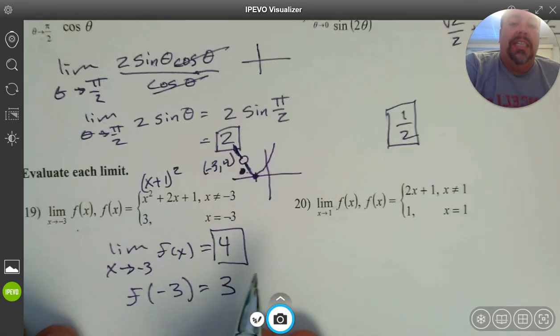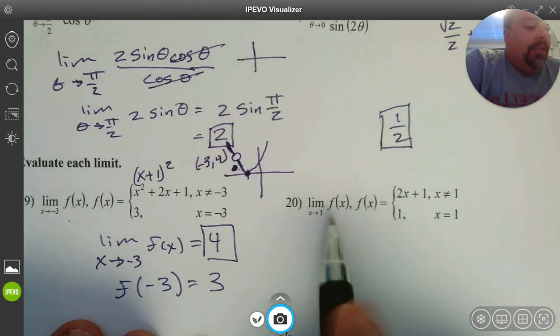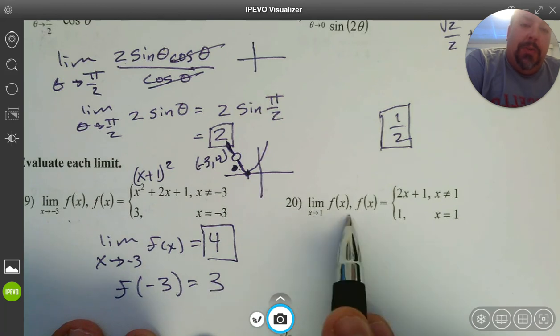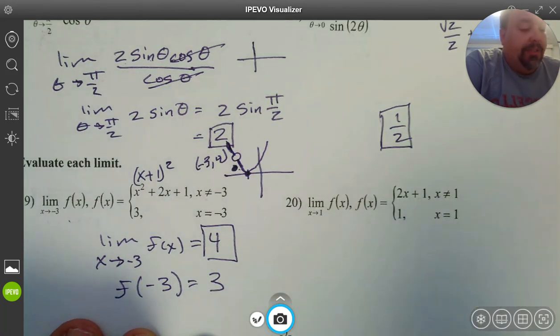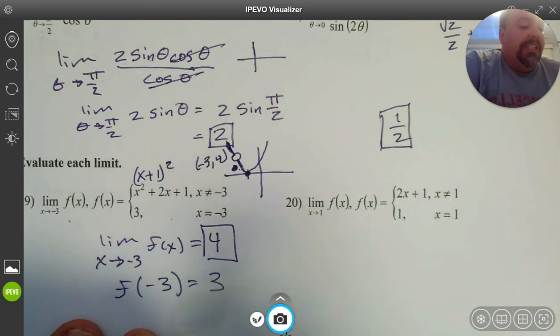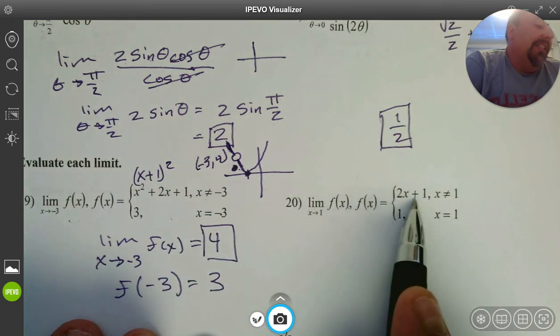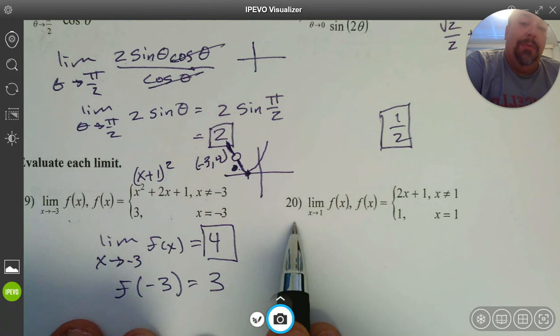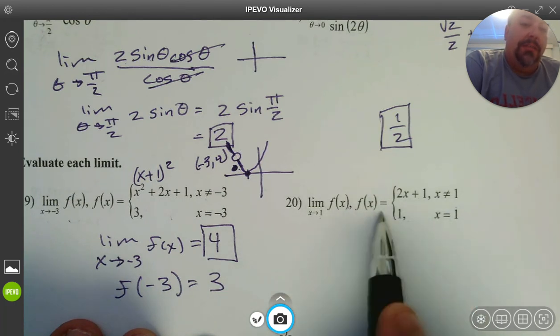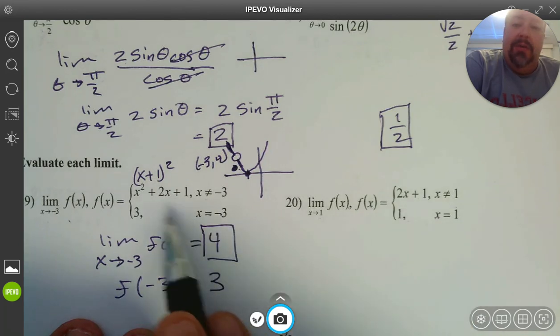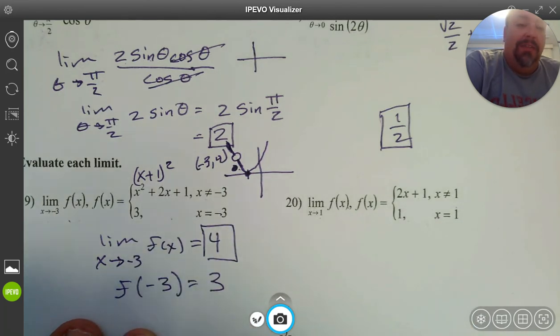And 20 is similar. So 20 says, find the limit as x goes to 1 of this function. This function is going to look like a line, 2x plus 1. Again, for both of these, you don't necessarily have to graph it. All you have to realize is it's a single point that's taken out when we're taking the limit as x goes to that value. So this is really irrelevant. And over here, this part is really irrelevant because we are approaching an open circle.